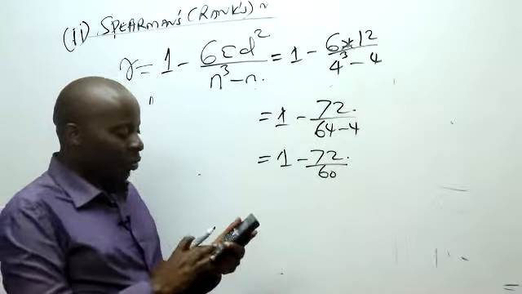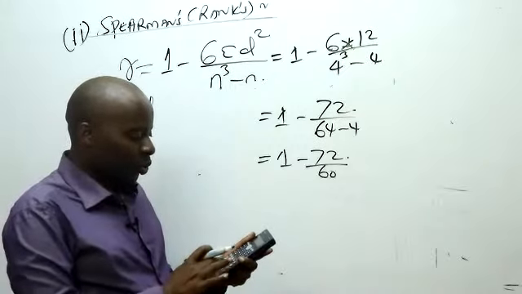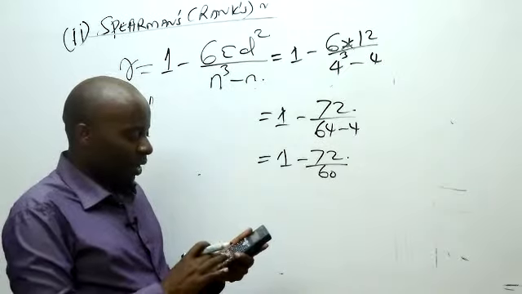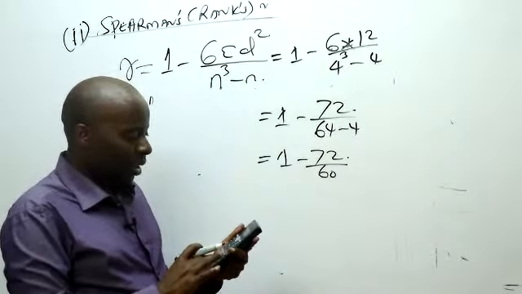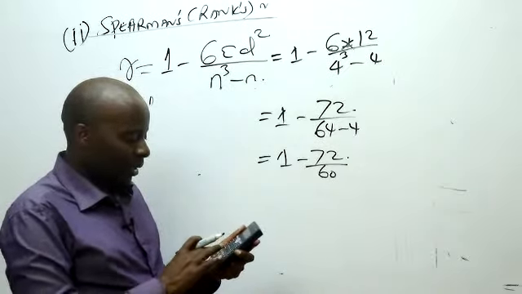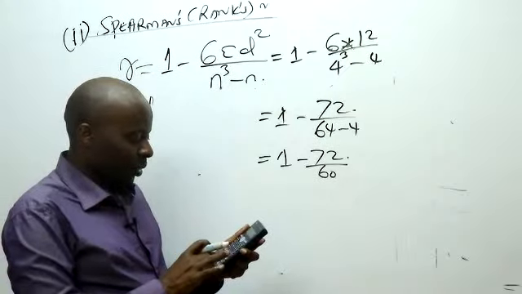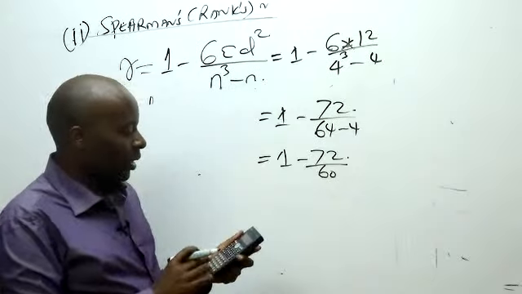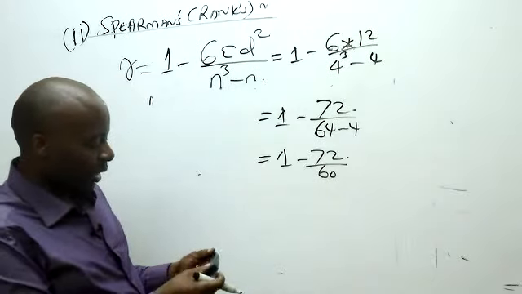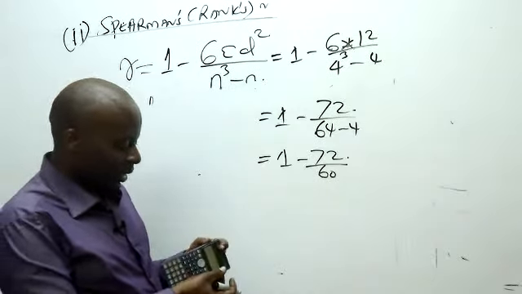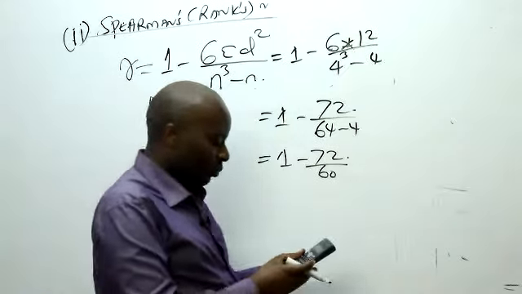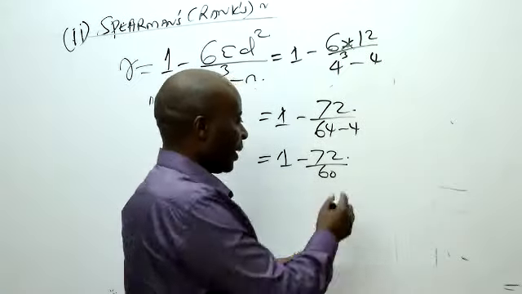So we have here 1 minus 72 divided by 60 equals, I'm able to see negative 0.2.